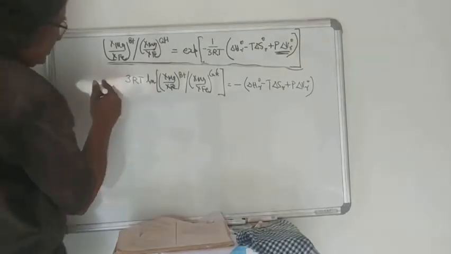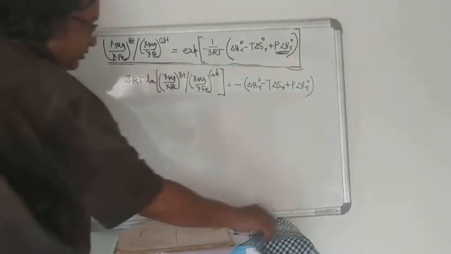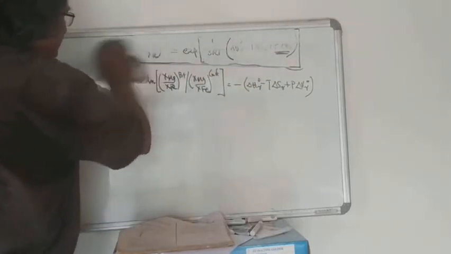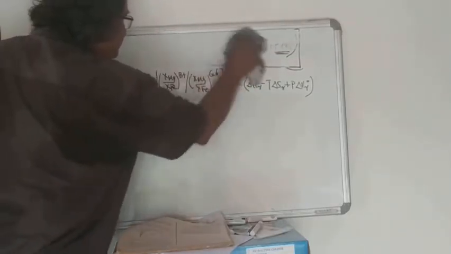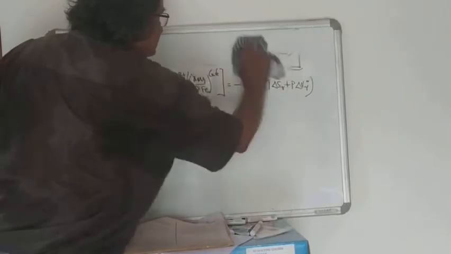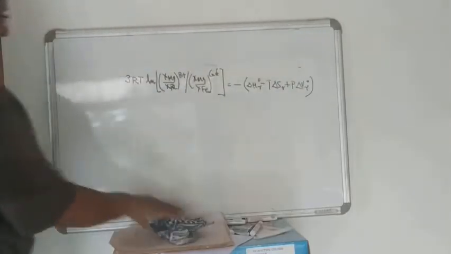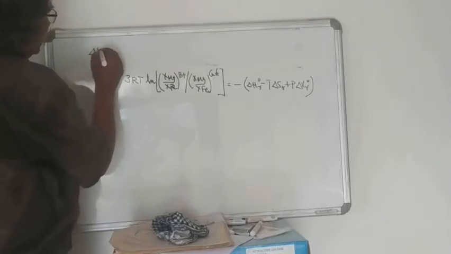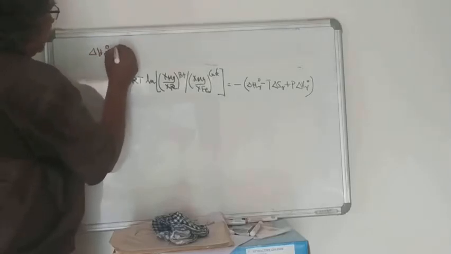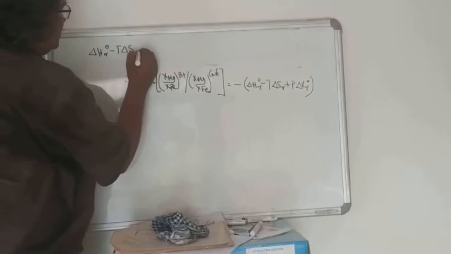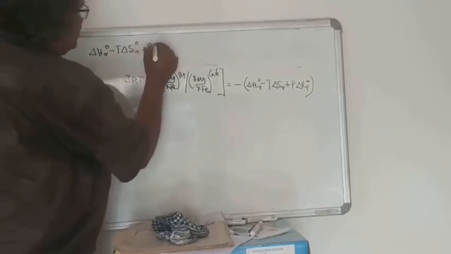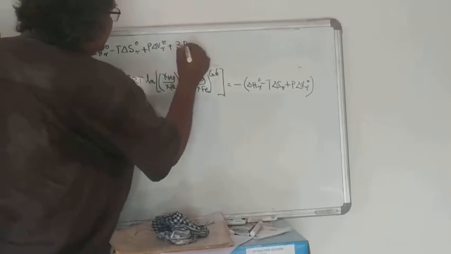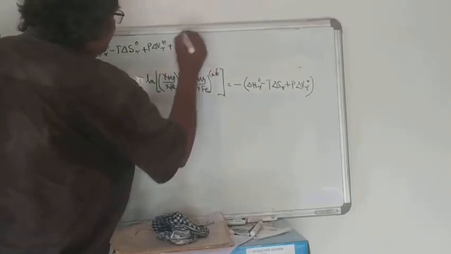So going back to the last expression, now we can write the full equation from which we came: delta H R0 minus T delta S R0 plus P into delta V R0 plus 3RT ln.